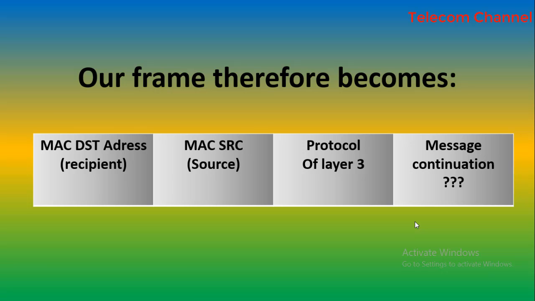We have almost everything. Why almost? Because we are missing the essential, the information to send. We also still haven't solved the error detection problem. For the information, we'll put it right after the layer 3 protocol. In addition, we'll follow up with the error detection code, or CRC.